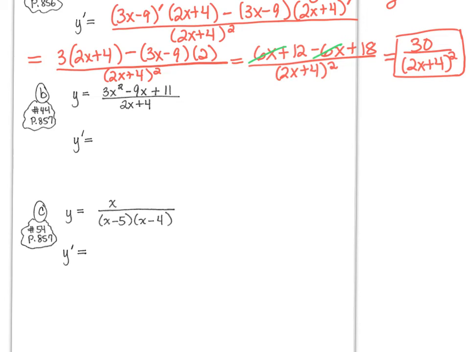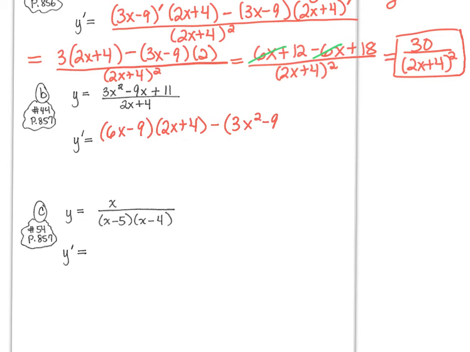So, like, the second step basically? Yes. Okay. The derivative 6x minus 9 multiplied by the quantity 2x plus 4. Good. Minus the quantity 3x squared minus 9 plus 11. Minus 9 plus 11? You're missing something.